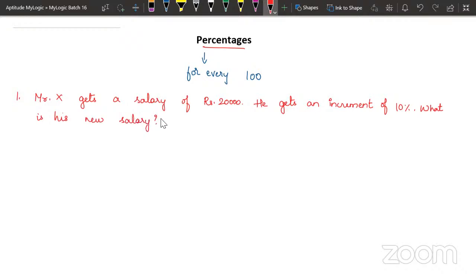Suppose this is a question given. What is the answer for this? Can you tell me what is his new salary? Mention in the comment section. What will be the answer? If he is getting 10% increment, what will be the new salary?